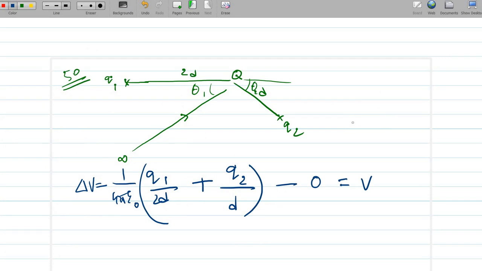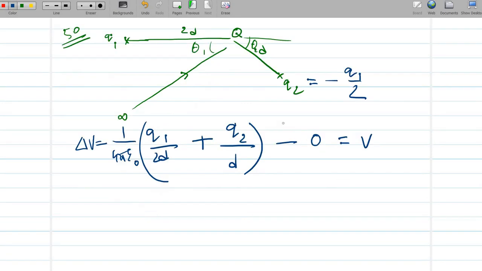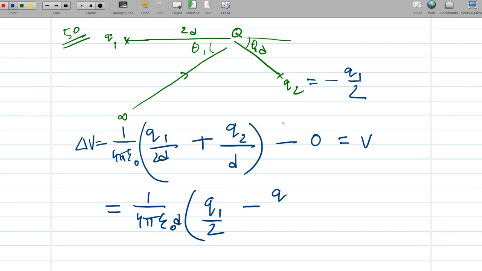Now, if we plug that in, you can just take d inside, 1 by 4 pi epsilon naught. I have d, and I have Q1 divided by 2. Instead of Q2, I have to write minus Q1 divided by 2, so this is 0.